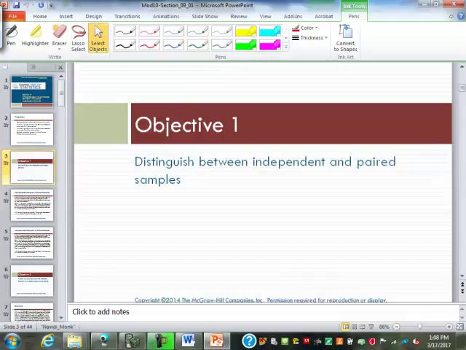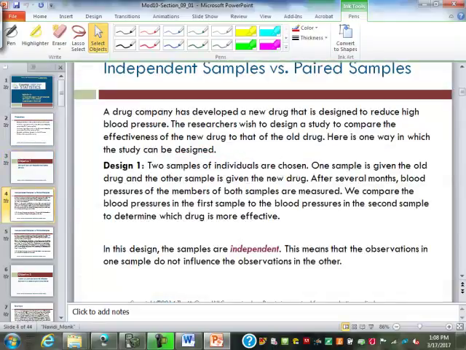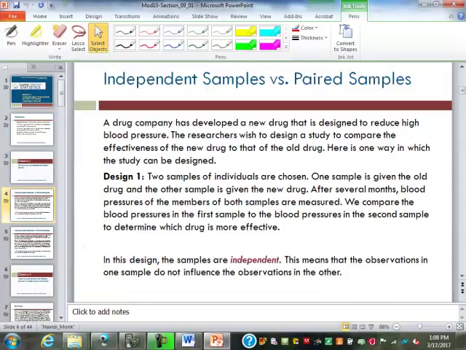So distinguish between independent and paired samples. Independent versus paired. So a drug company has developed a new drug that is designed to reduce high blood pressure. The researchers wish to design a study to compare the effectiveness of the new drug to the old drug. Here's one way in which the study can be designed.